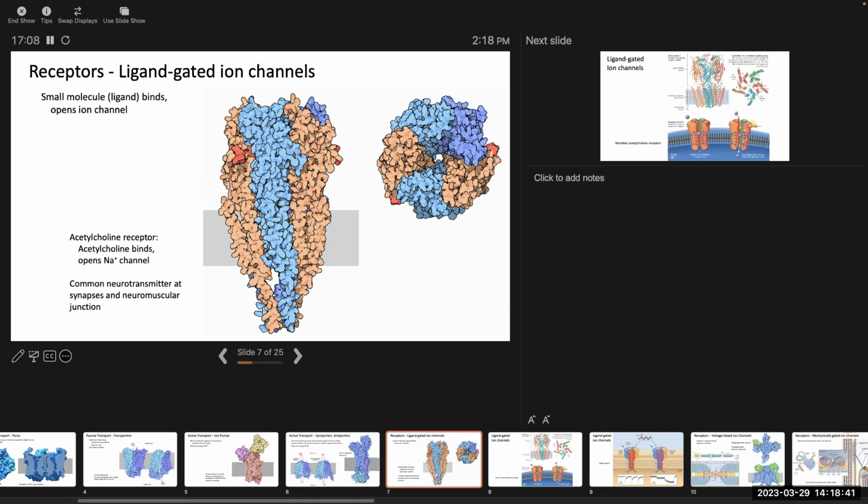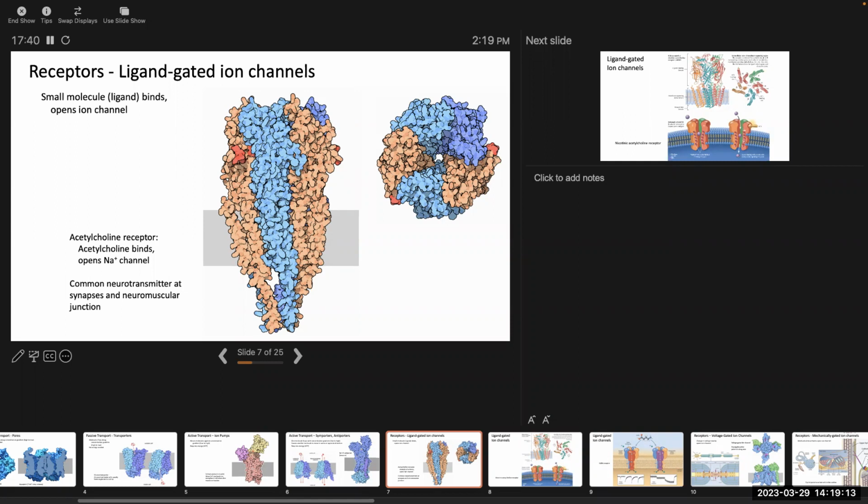So here's a good example of that. This is one example of an acetylcholine receptor. There are different kinds of acetylcholine receptors. This particular one is known as a nicotinic acetylcholine receptor. So acetylcholine binds to this receptor, and you can actually see, I believe, this acetylcholine shown in red, binding to its binding pocket on the receptor.